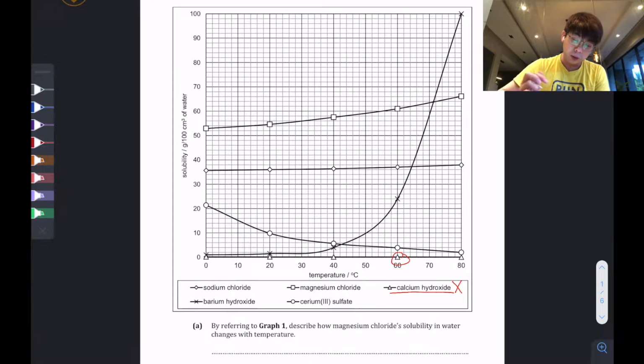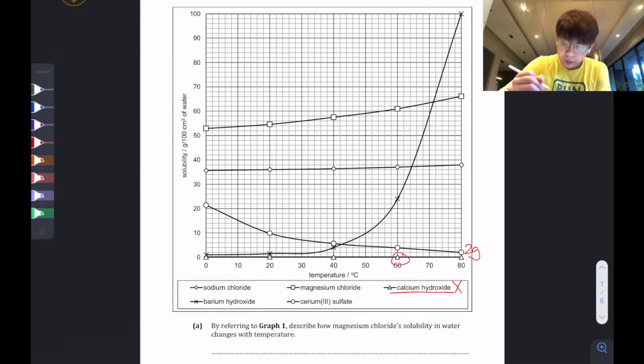Let's look at the next one. We have cerium sulfate, which is this one over here. If I do crystallization with cerium sulfate, I first heat up the solution to 80 degrees and try to dissolve as much cerium sulfate as possible. I can dissolve about 2 grams here.